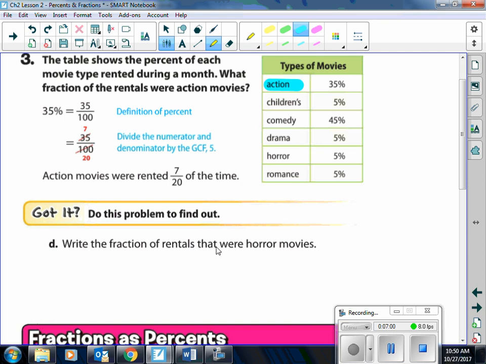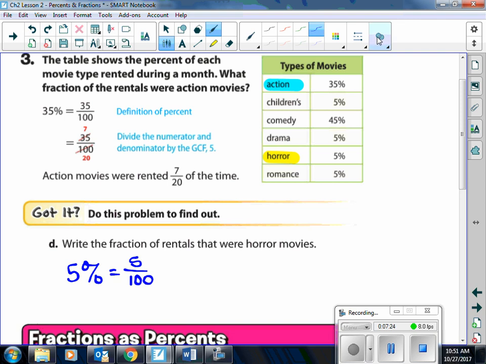Here, it says write the fraction of rentals that are horror movies. Okay, so what percent were horror movies? 5%. Written as a fraction, 5% is 5 over 100. Very good. I'm going to start with just writing 5%. Right, 5%, and that's equal to 5 over 100.